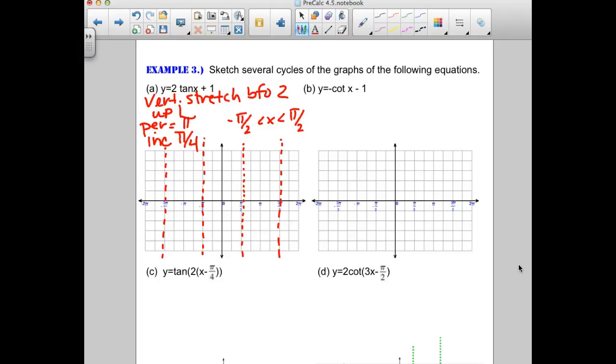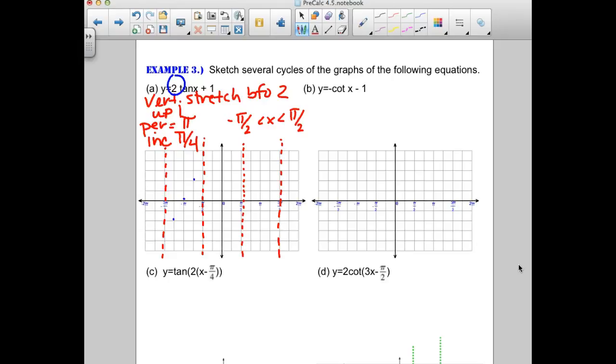Okay, we haven't flipped it over. We've stretched it a little bit. So instead of 1 and negative 1 points, we're stretching it by a 2, right? So we're going to have 2's and negative 2's. However, we have to move everything up 1. So let's get our zeros in first. We would have a 0 in the middle of each one. We said we're stretching it to negative 2 and positive 2.